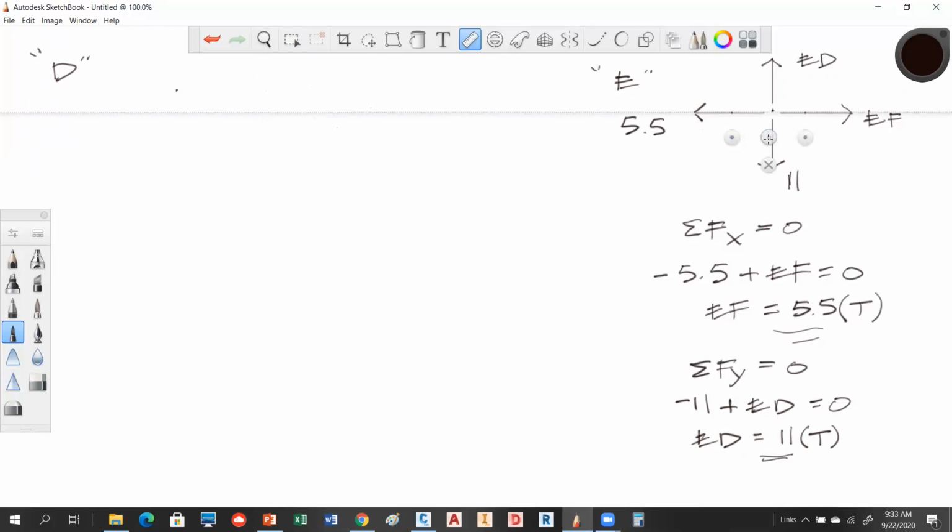All right, now I have a member feeding in this way, which we actually know, that was BD. And then we have a member feeding in this way, which we just solved.